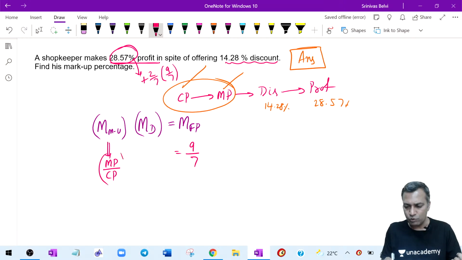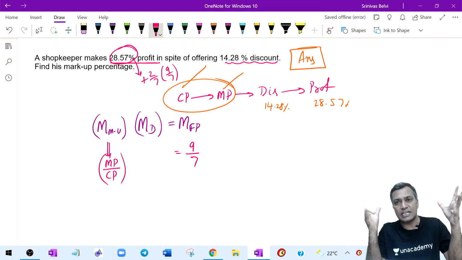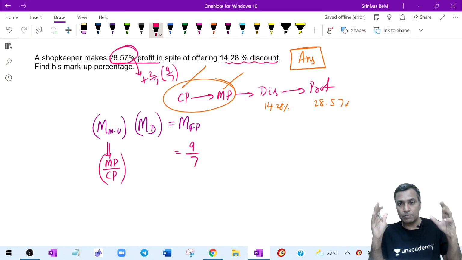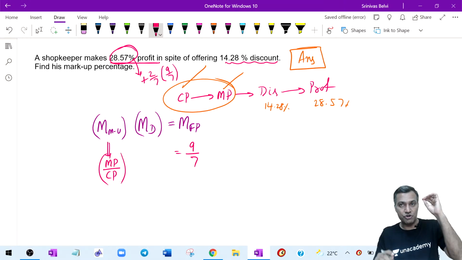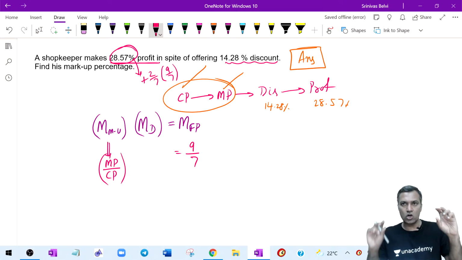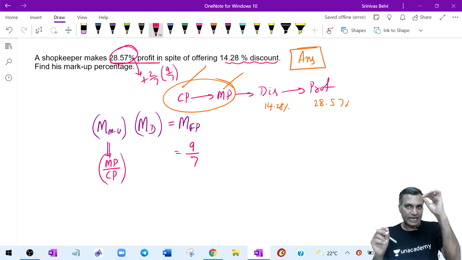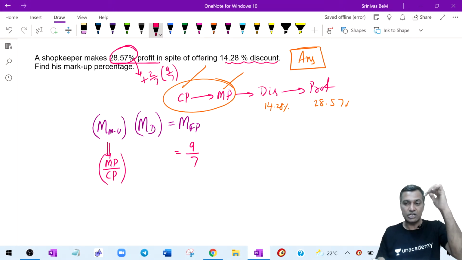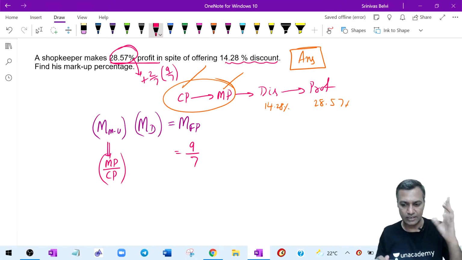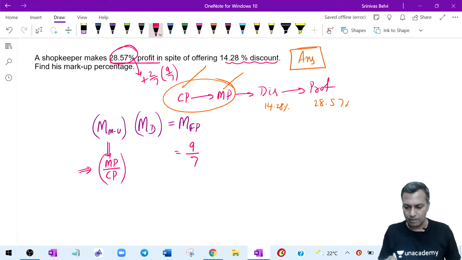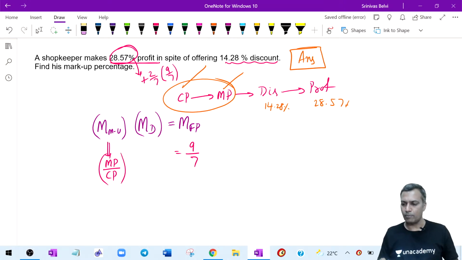Whenever you write a multiplier, there is a meaning to that figure. The numerator signifies something and the denominator is symbolic of something. We are not simply writing a fraction. So the mark price is on the top and the cost price is at the bottom.